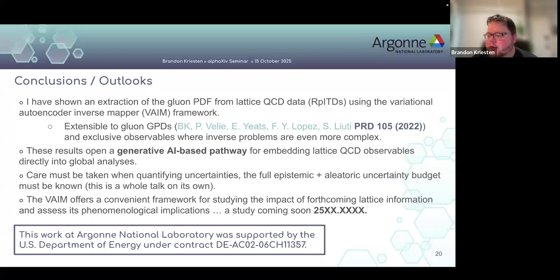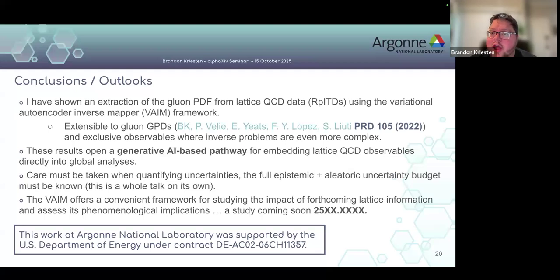All right, so I'm going to conclude here by basically saying that what I've shown is an extraction of the gluon PDF from lattice QCD data using the reduced pseudo-Ioffe time distributions, and this is using this VAIM framework. Now, this is extensible to maybe higher dimensional quantum correlation functions, something like the generalized parton distribution functions, where the inverse problem gets even more complex.